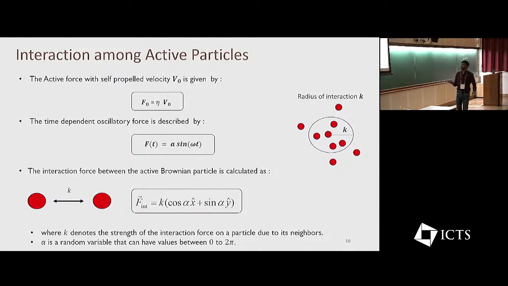Here k is the strength of the radius of interaction. What does it mean? A higher value of k means the particle is interacting with more particles, and because of that a force acts on the particular particle. This is the oscillatory force, where A is the amplitude and omega is the frequency of the oscillatory force.